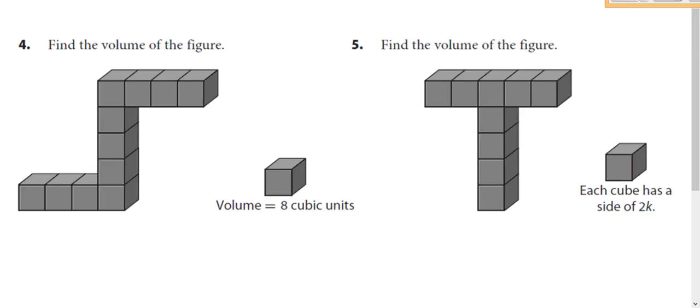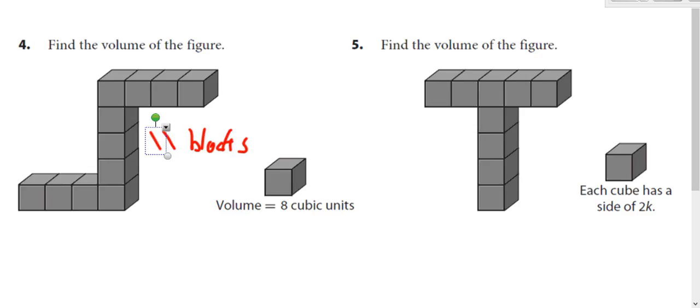So to find the volume of these figures, if we are told that this is 8 cubic units in 1 block, figure out how many blocks there are. 4, 5, 6, 7, 11. There are 11 blocks in that figure, and every block is 8 cubic units.